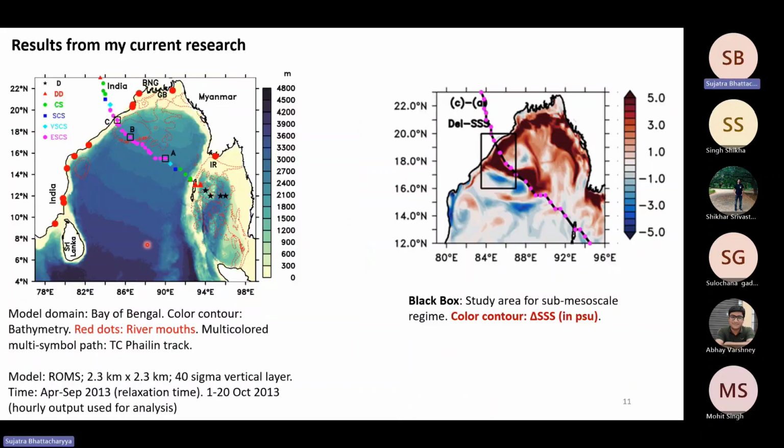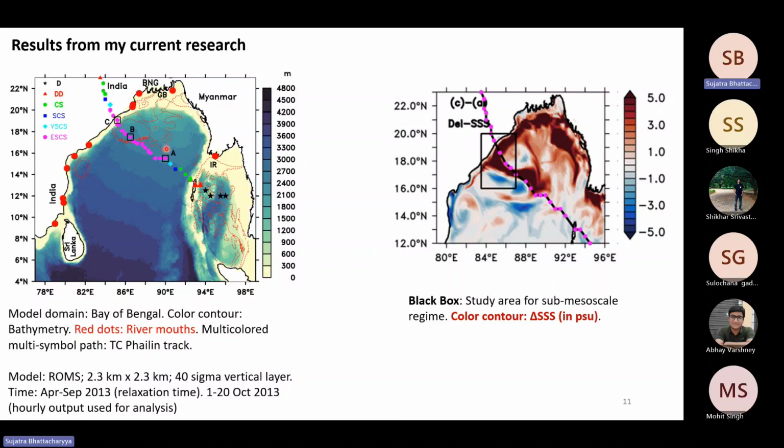Here I'm going to show a little about my own research. This is the result from my recently completed simulation, which is of a little coarser resolution, for the study of the submesoscale regime: nearly 2.3 kilometer horizontal grid and 40 sigma levels. I also checked the upper ocean response to a cyclone; this is part of the cyclone at different stages.